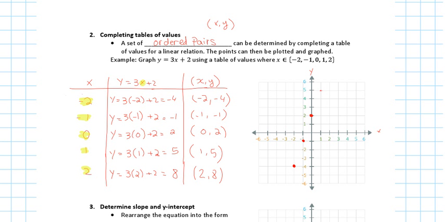The next point, I don't have an 8 on the y-axis, so I can't draw it. But this is more than enough for me to actually draw my straight line. So I can join these points together, extend it a little bit, and then put my arrows on that straight line. Okay?